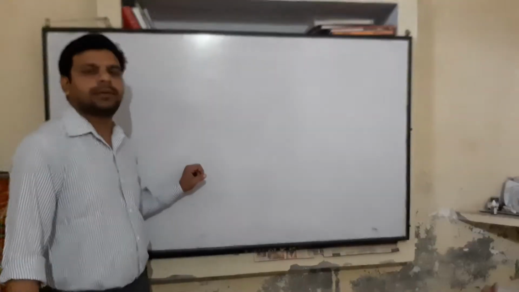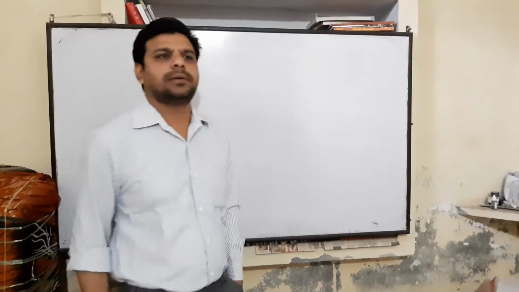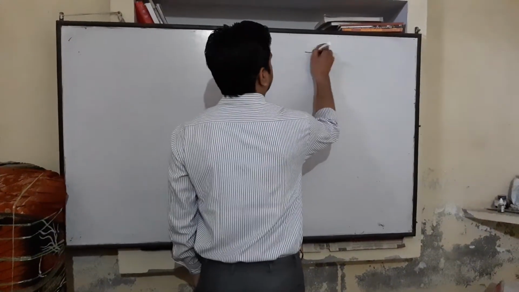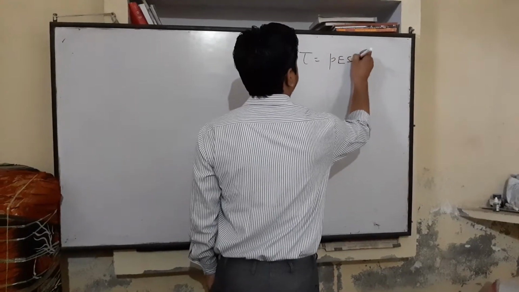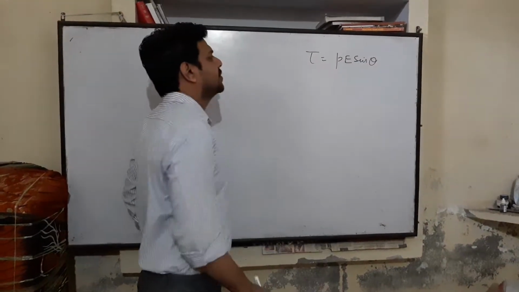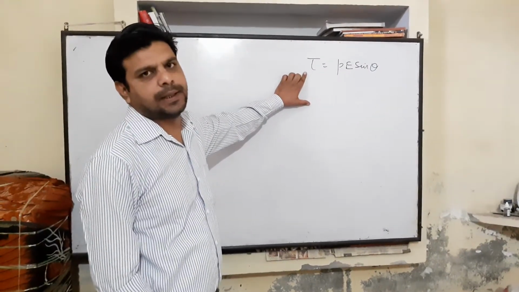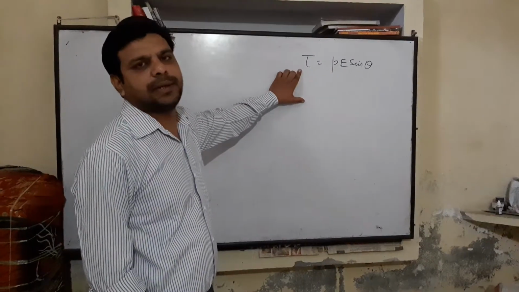Good morning, students. In the last lecture, we discussed the torque experienced by an electric dipole, which is tau equal to PE sin theta. This is the expression for torque experienced by an electric dipole in a uniform electric field.